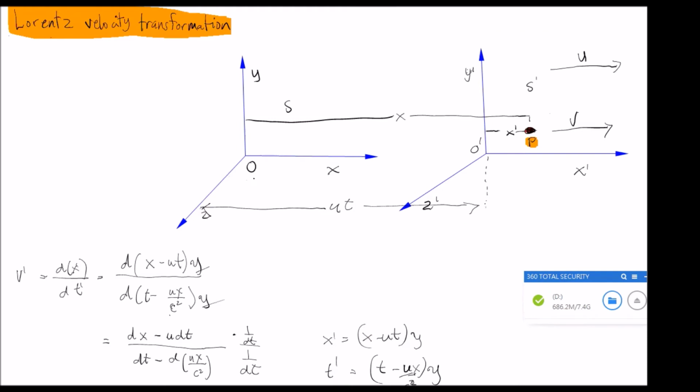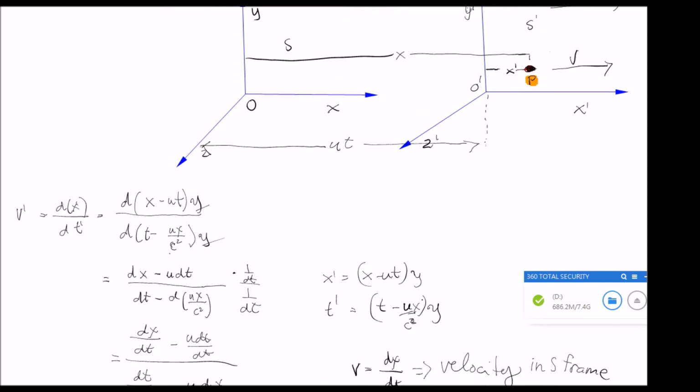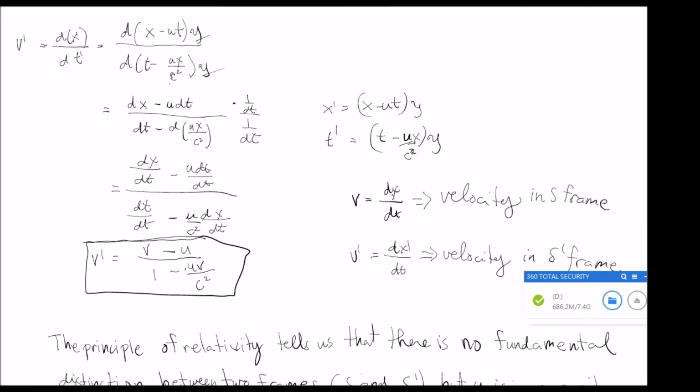And then we know that the distance of point P from y prime, which is x prime, is expressed by this equation. This is the distance from y prime according to S prime. And the time of the event in the S prime frame will be this one, gamma times t minus the speed of the moving frame times x over c squared. And then we know the velocity is the derivative of space with respect to time.